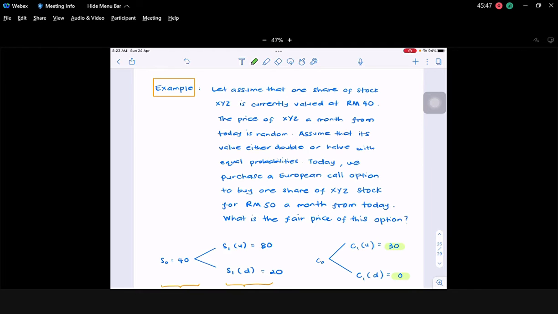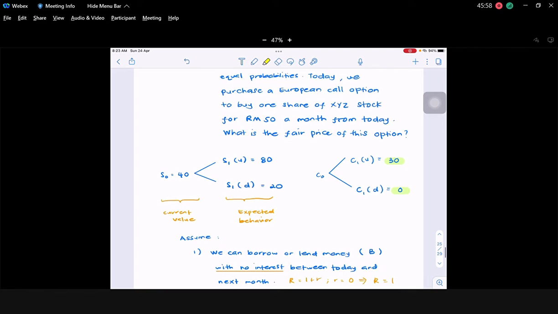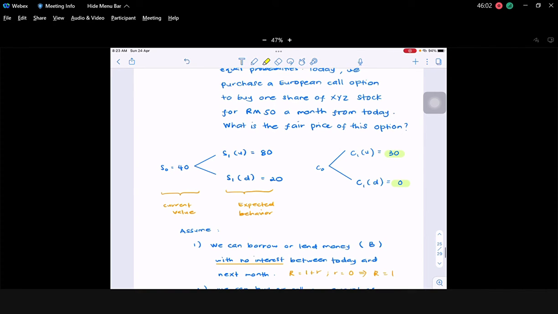Okay, just provided the following information, as we discussed last week. So we assume, given current price for stock equal to ringgit Malaysia 40.